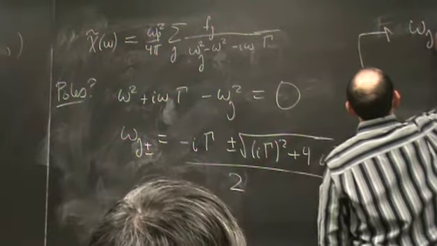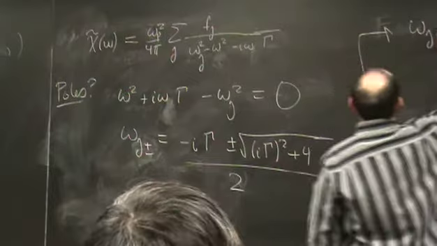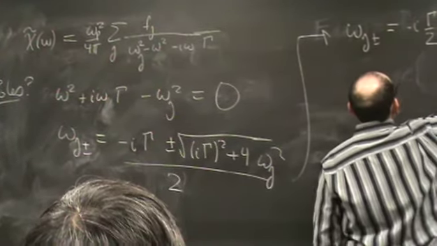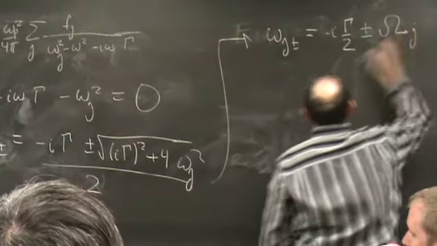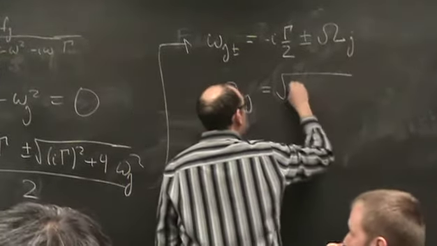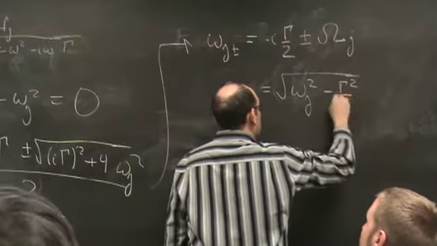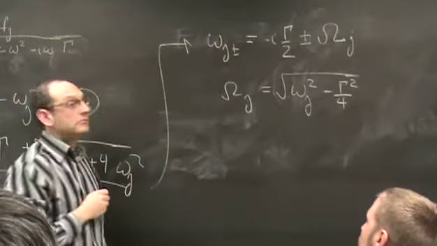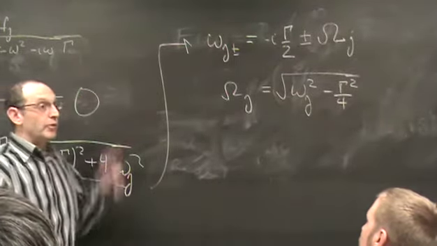Omega_j plus or minus is equal to minus i gamma over 2 plus or minus something I'll call omega_j, where omega_j is equal to the square root of the resonance frequency squared minus gamma squared over 4. Okay, so those are the roots.